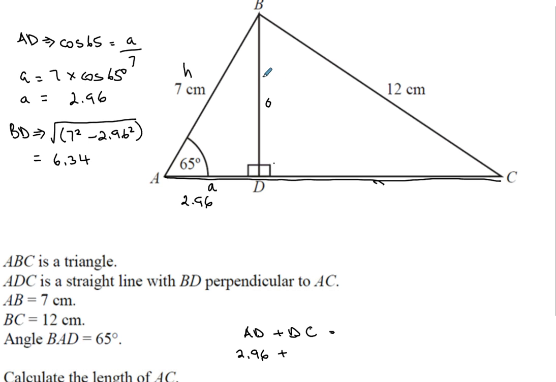So that is 6.34. And now in order to find DC, again, we've got the 2 sides, and we need to find the third side. That's your hypotenuse.